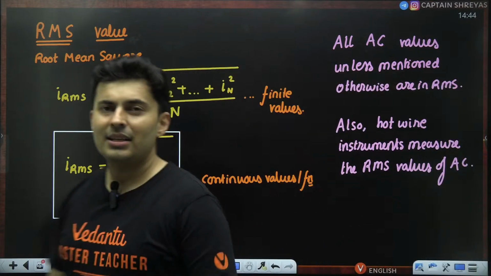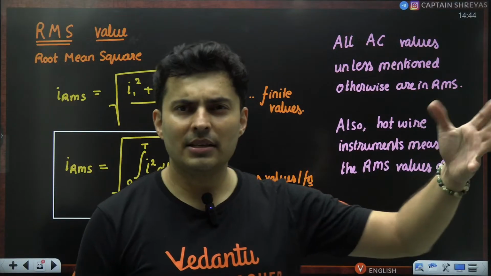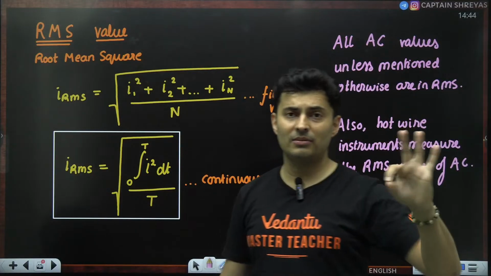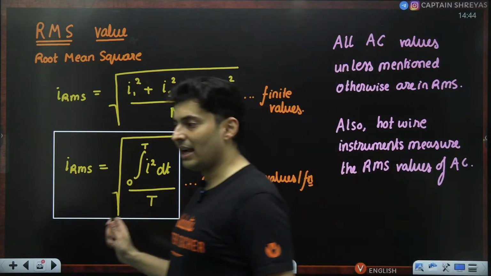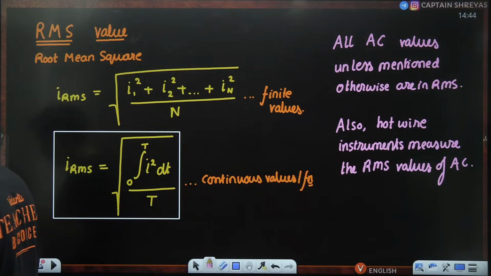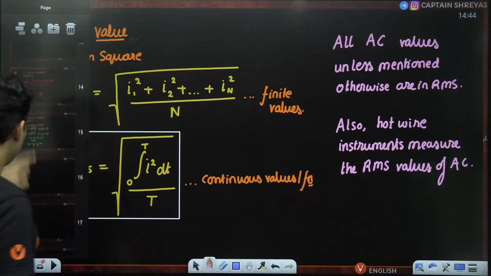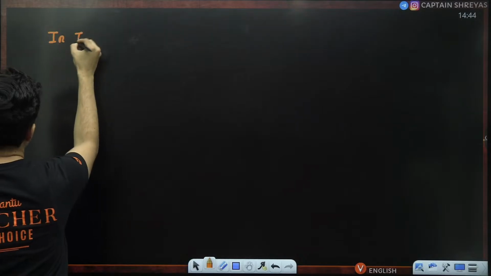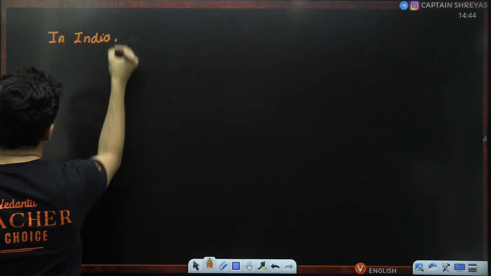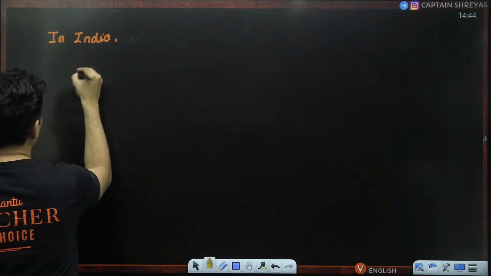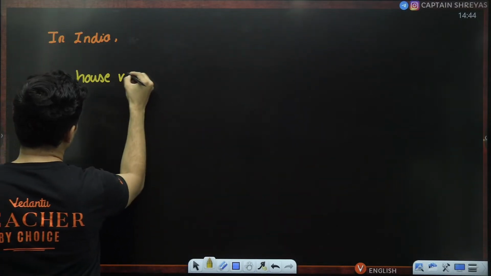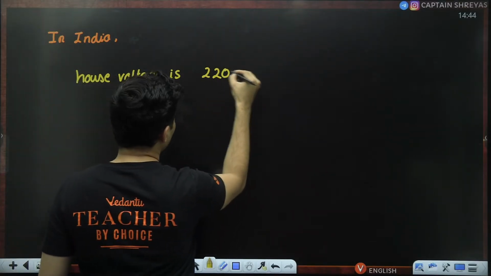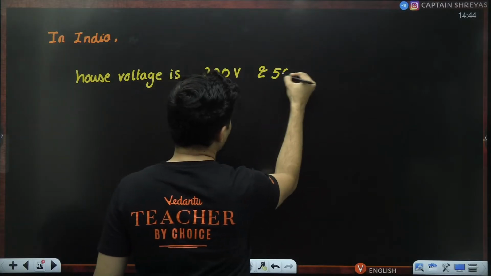What do I mean by that? See, you use any appliance, maybe AC, fridge, whatever, or you go to some other country and you see the voltage rating. All those voltages which they give are never the maximum or the average. They are always the RMS values. So typically in India, when we say the household voltage, the house voltage is 220 volts and 50 hertz.